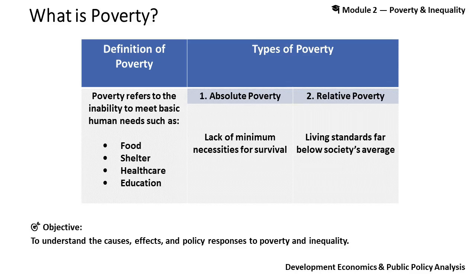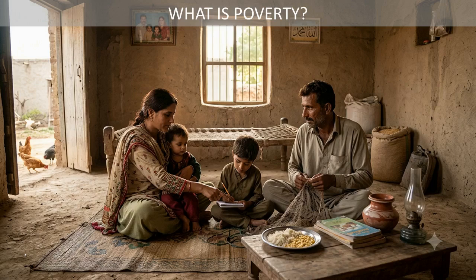What is poverty? Poverty refers to the inability of individuals or households to meet their basic needs. These needs include adequate food, shelter, healthcare, and education. Economists generally classify poverty into two major types. The first is absolute poverty. Absolute poverty exists when people lack the minimum resources necessary for survival.